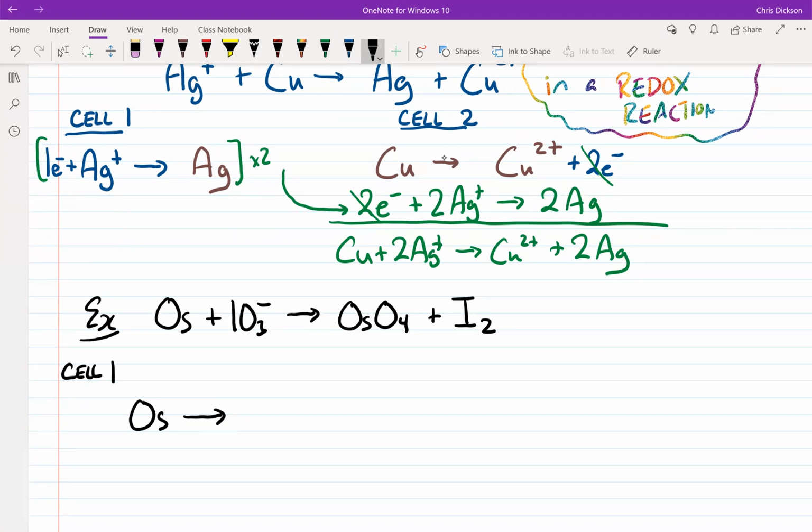Now, the 2 products I have are OsO4 and I2. And so I'm thinking that osmium must be turned into something that has Os in it. So I'm going to pick OsO4, because you kind of have to have the same major species being produced here. Now in cell number 2, that must be something to do with the iodine. So I'll take the IO3 minus and have that turn into I2.